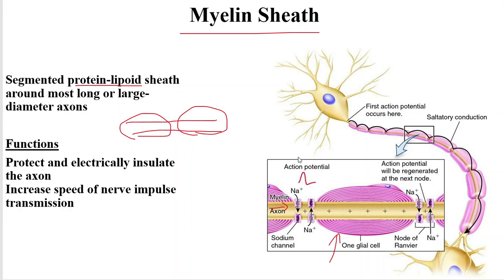So only at these nodes of Ranvier can this sodium come in. It comes in and it changes, and then it's not going to be able to open new gates until it gets to the next node.